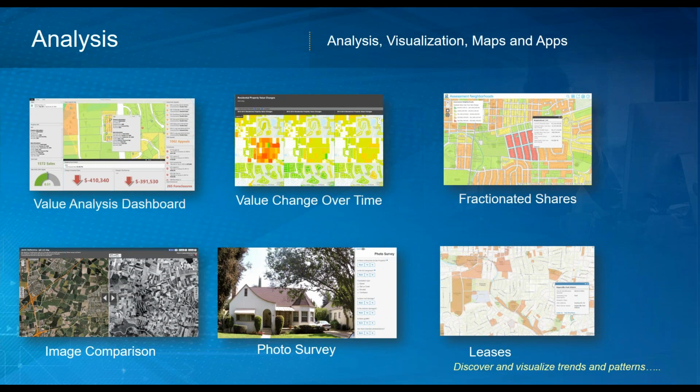Being able to take some of the aerial photography, which is really important, especially for a tribal government, to see how things were in the past and how they've changed in the current day. We touched on Photo Survey, but being able to take that complex information and visualize it in a context that can support better decision making.